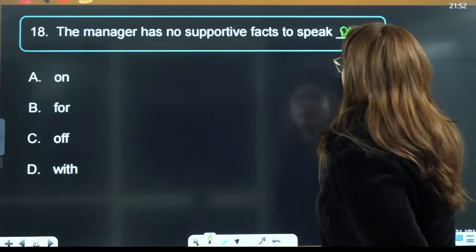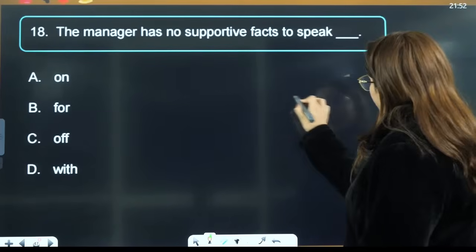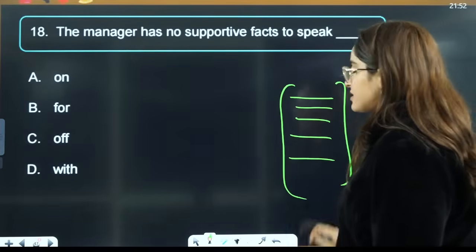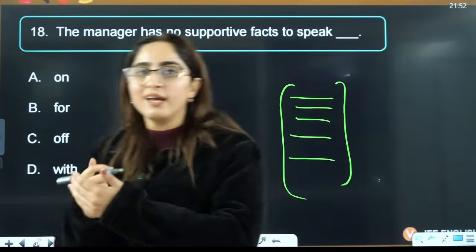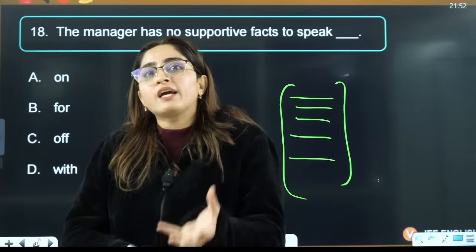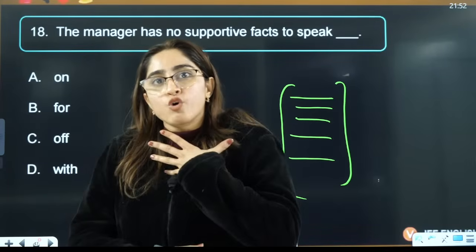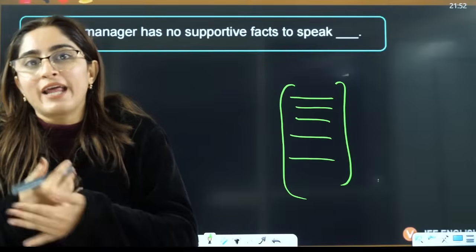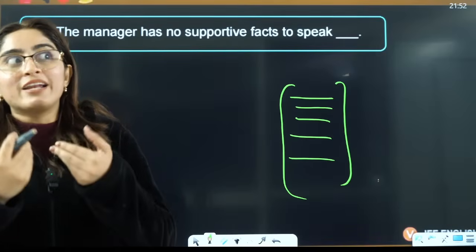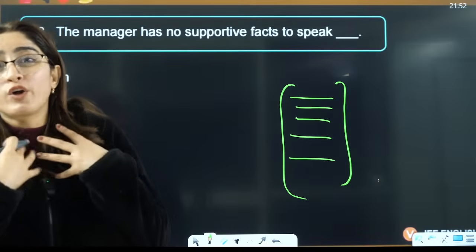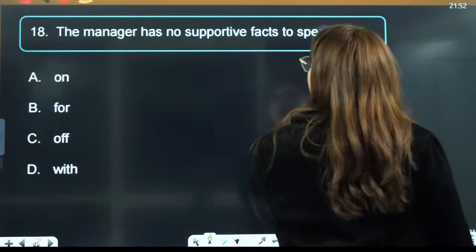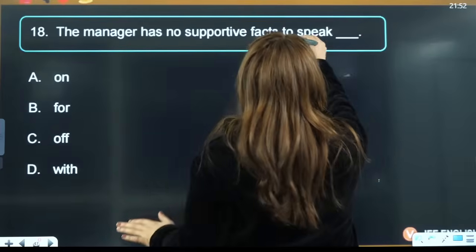But he is stating some facts and had no support. He was debating, and while debating, you don't have any facts to speak in favor of yourself. You don't have anything to say for yourself. So that means the manager has no supportive facts to speak for.